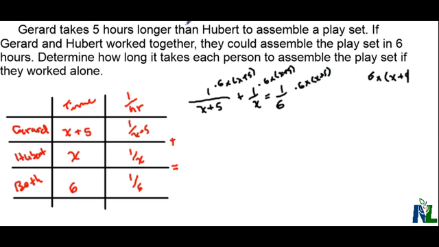So now we're going to look for stuff that's common in what we multiplied by and the original denominators we had set up here. So you can see X plus 5 is going to cancel here. X will cancel in this expression, and 6 will cancel right here.